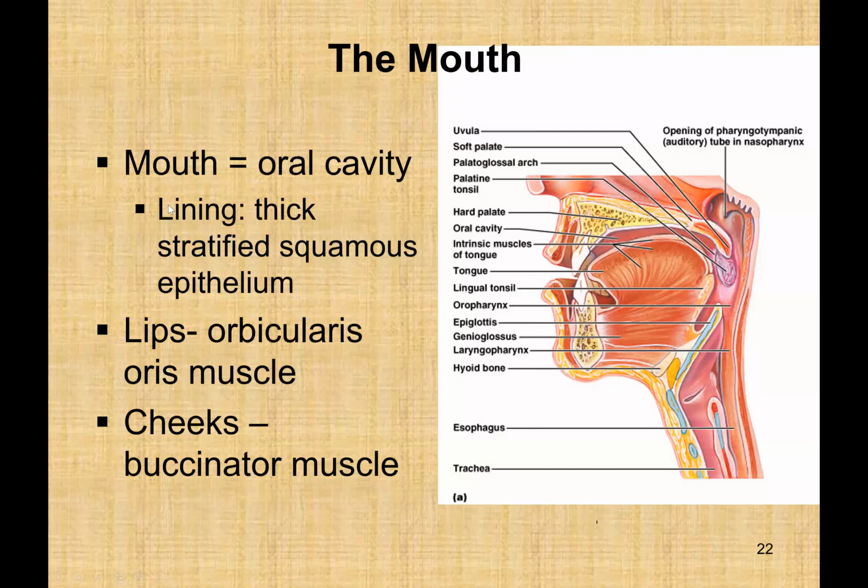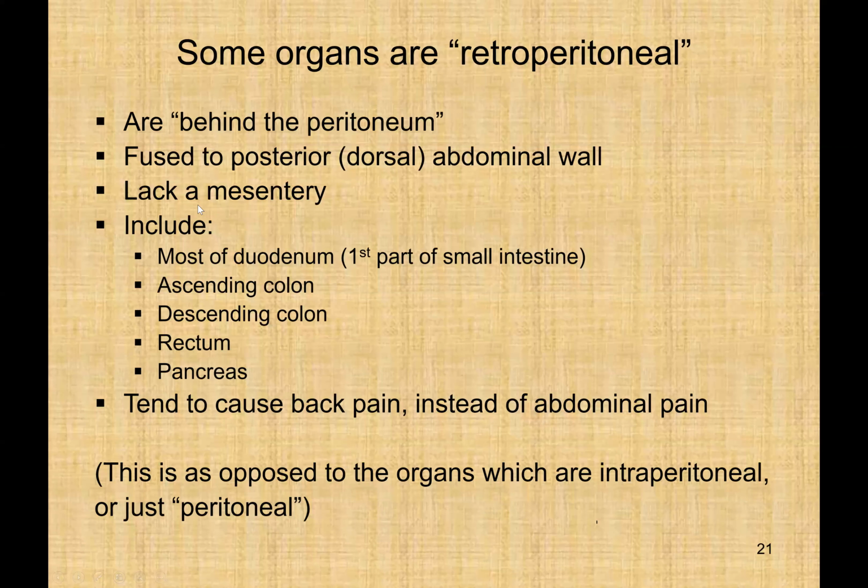And then here, there is no mesentery because you don't find them in the dorsal cavity of the body, or they are nearer to the ventral cavity. So they lack mesenteries. Some of the organs we can see here are the ascending colon and the descending colon.